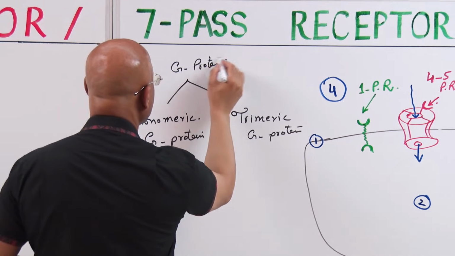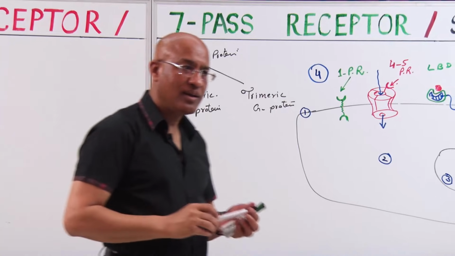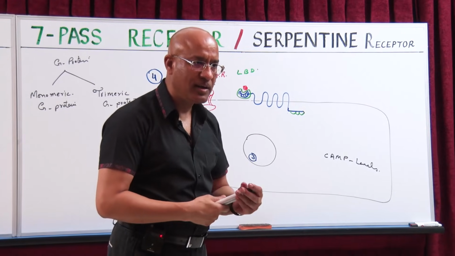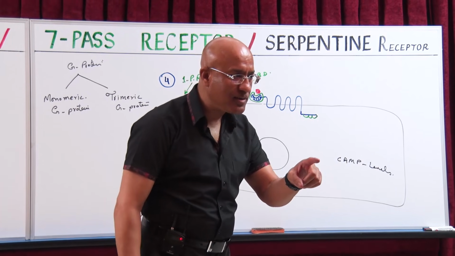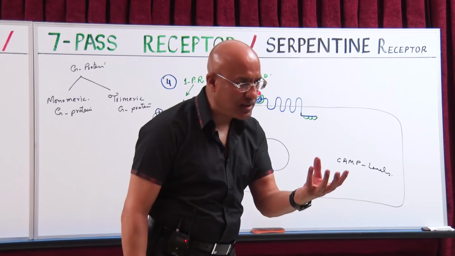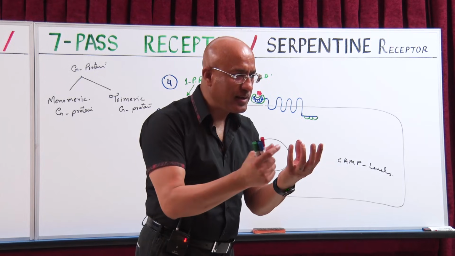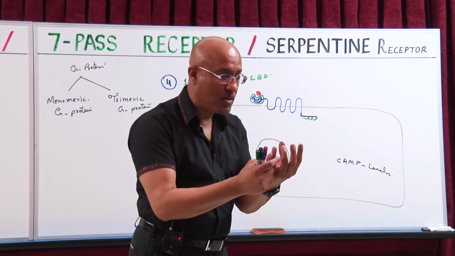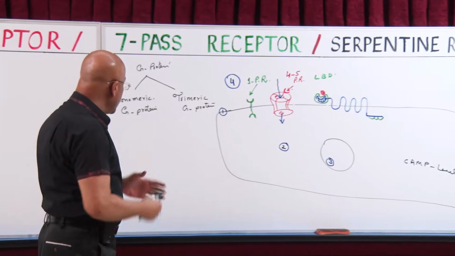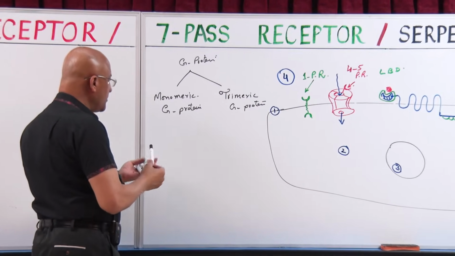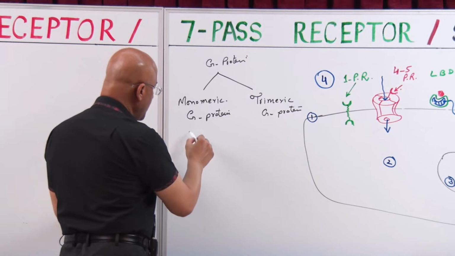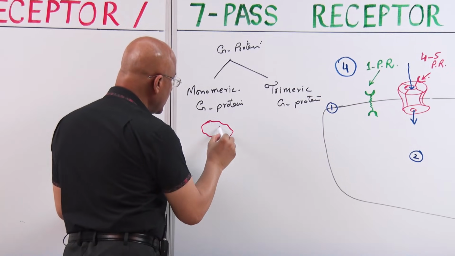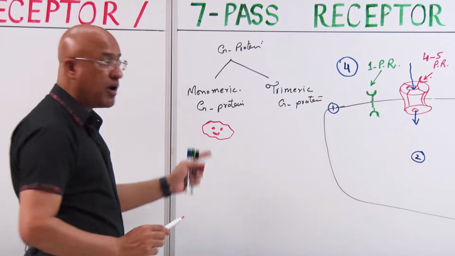First of all, what is a G protein? G proteins are those proteins which bind GTP or GDP, guanosine triphosphate or guanosine diphosphate. Now, if a G protein consists of only one peptide, then the G protein is called monomeric.